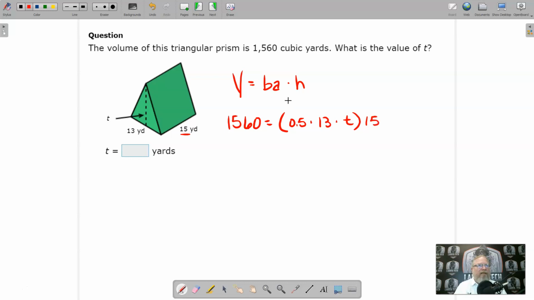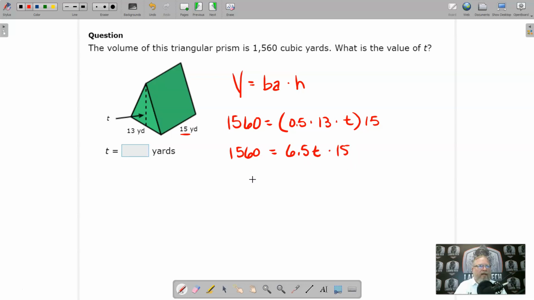So now I've just taken the formula and I've plugged everything in, and then I'm going to now solve for t. So let's go ahead and take 1560 equals 0.5 times 13, which will give me 6.5 t, and I need to multiply that times 15.